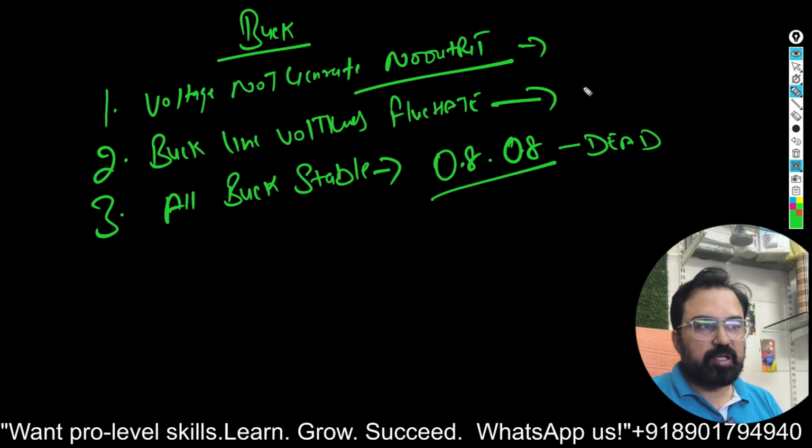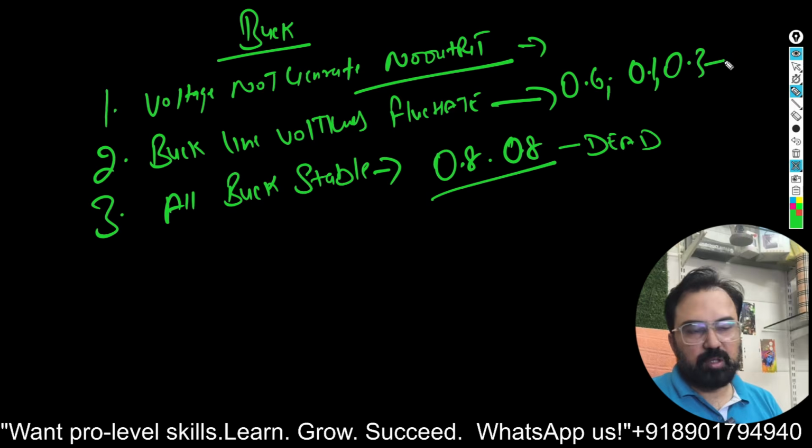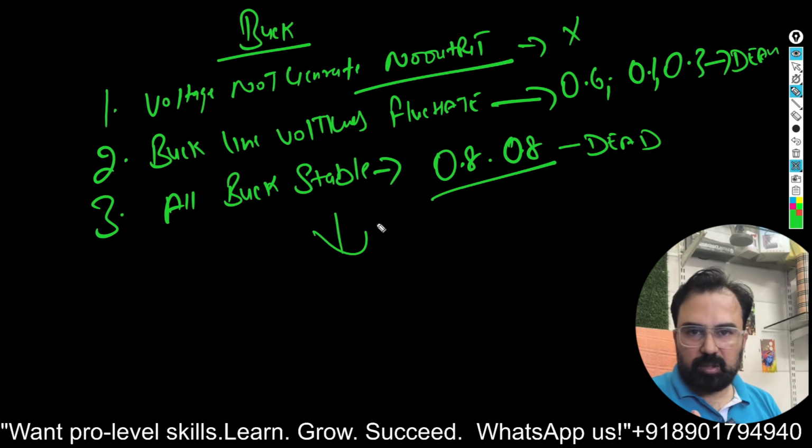Now in fluctuation, it's like 0.6, 0.1, 0.3, this situation. The voltage fluctuates and the phone is in a dead condition. Now there is no voltage. So there is a process. After buck, there are multiple steps, how to check protocols, how to check the controlling section, all, right?